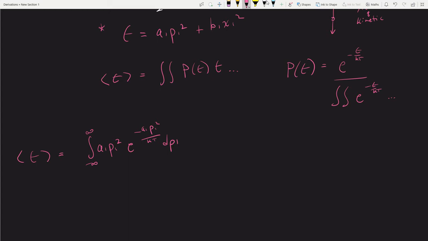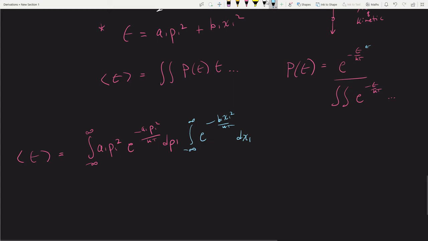And then we get another integral that's going to be part of this because the energy function takes account of all the parts of the function. So negative infinity to infinity of e to the negative b1 x1 squared over kT dx1. Okay, that's the first part.